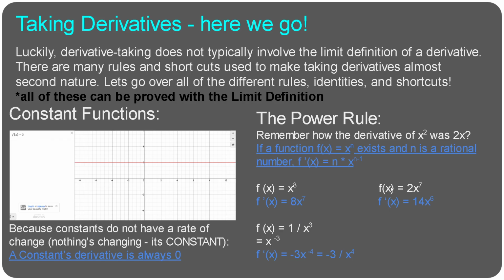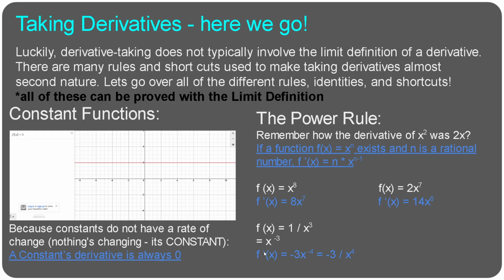Here's one right here. f of x is equal to 2 times x to the power of 7. You just multiply those two numbers out in front because 2 is just being multiplied anyways. So when you drop down the 7, it becomes 2 times 7 times x to the power of 6, which is 14x to the power of 6. And here's another example that's really useful when integrating. You'll get lots of fractions. 1 over x to the power of 3, if you remember your exponent rules, can be written as x to the negative third.